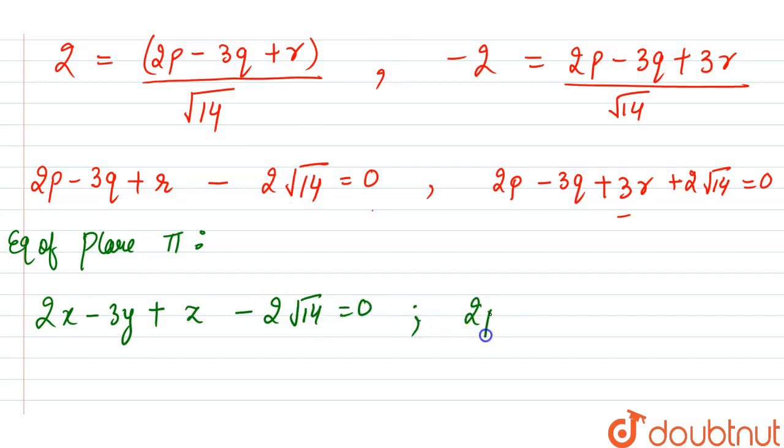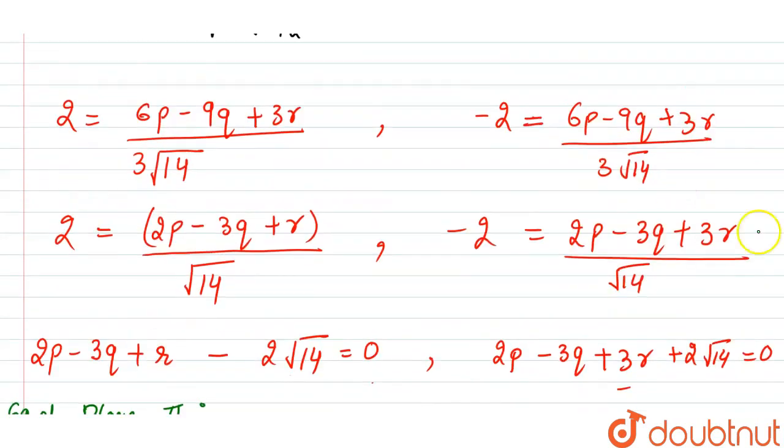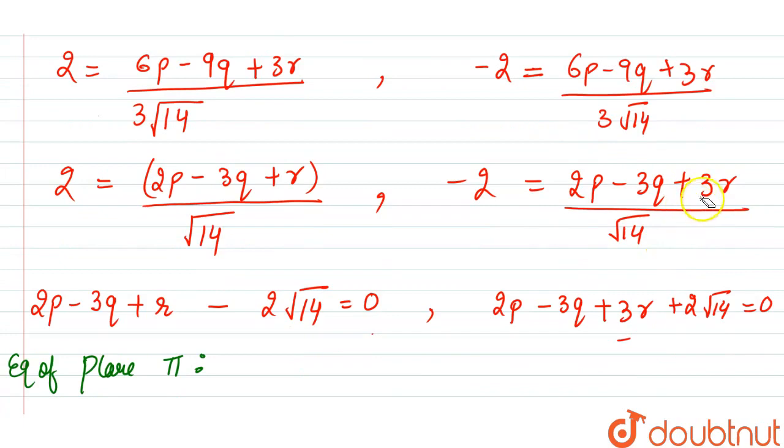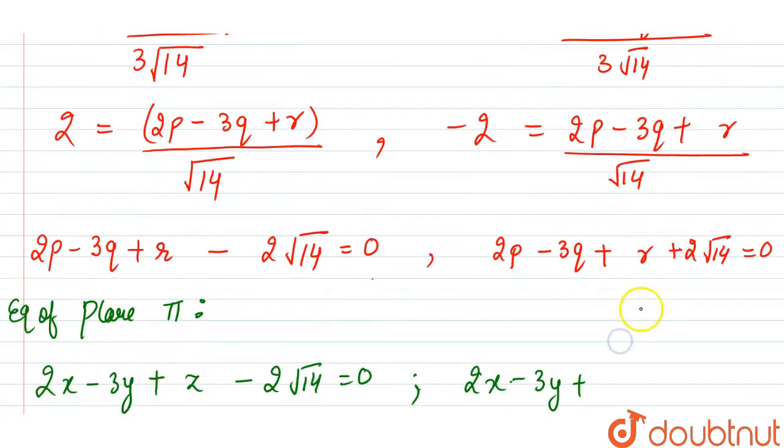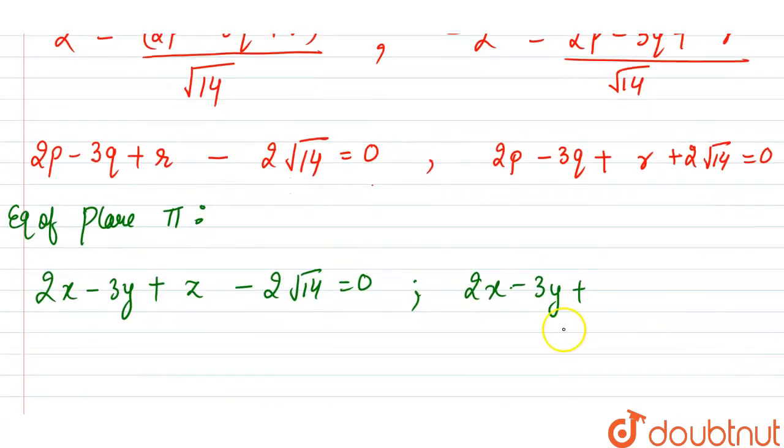Or we can have the equation 2x minus 3y plus, let me correct it, this is also r, by taking 3 common. So we have 2x minus 3y and r will be replaced with z plus 2 under root 14 equals 0. So we can say that we can have two equations for the plane pi.